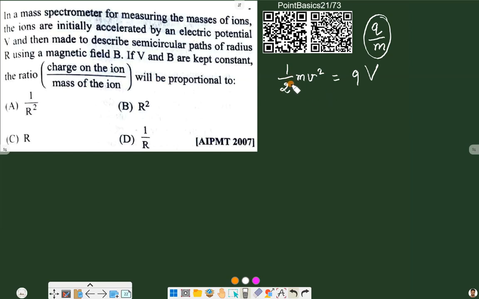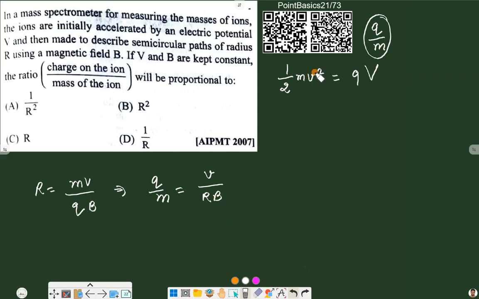So what we do here, we know that when a charged particle enters in magnetic field, its radius is given by mv by qB, and we can write charge by mass from here, that q by m is equal to velocity by rB.